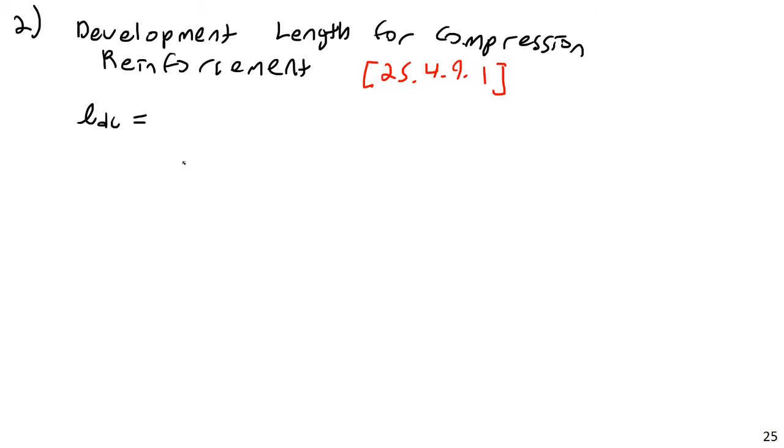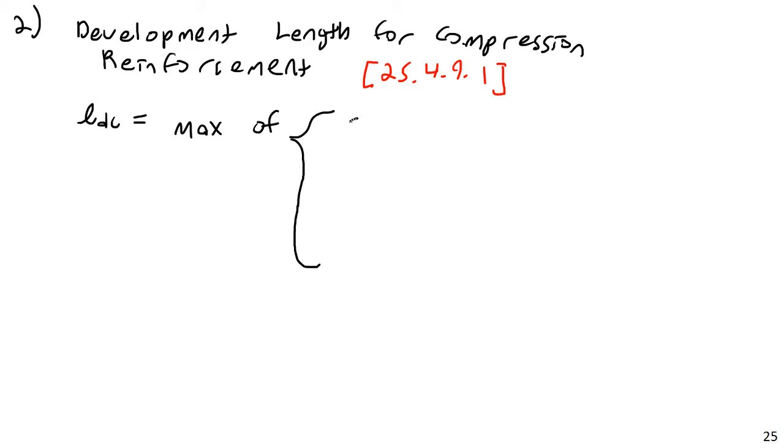But LDC is actually going to be the max of, well, we have the same sort of minimum length, and that's going to be 8 inches. There's a couple different things here, but I've just baked them into one expression.